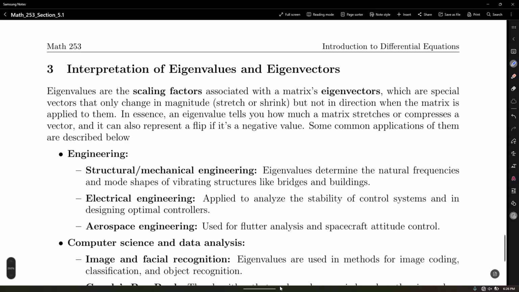And this change in the magnitude results in a stretching or a shrinking of a vector, depending on the number we multiply such a vector by, but actually that doesn't change the direction of a vector, as discussed when the matrix is applied to this value. So an eigenvalue tells us how much a matrix stretches or compresses a vector, and it can also represent a flip if the eigenvalue is a negative number.